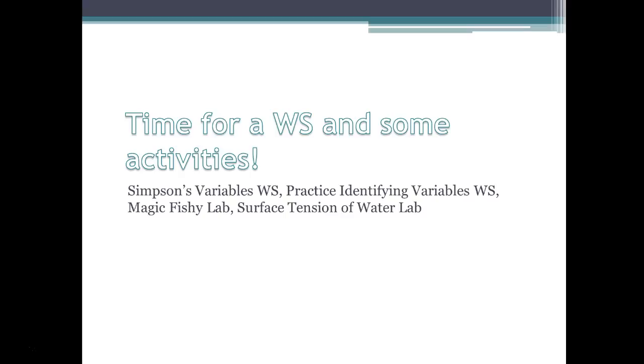So these are some different resources that you can use, and you'll find these in the Intro to Biology folder, to help you learn this skill of identifying the independent variable, dependent variable, and the control. I would encourage you to use as many of these resources and others that I've placed on Schoology to help you learn this target, because we'll be using it again and again and again.